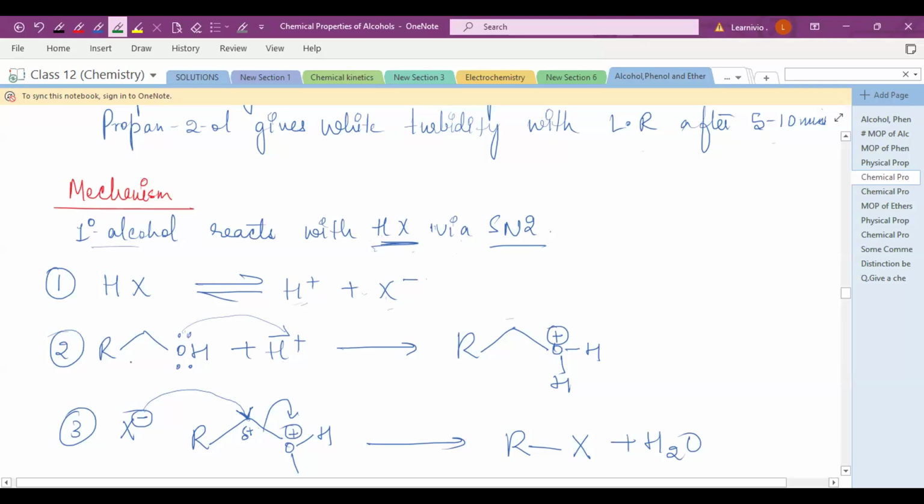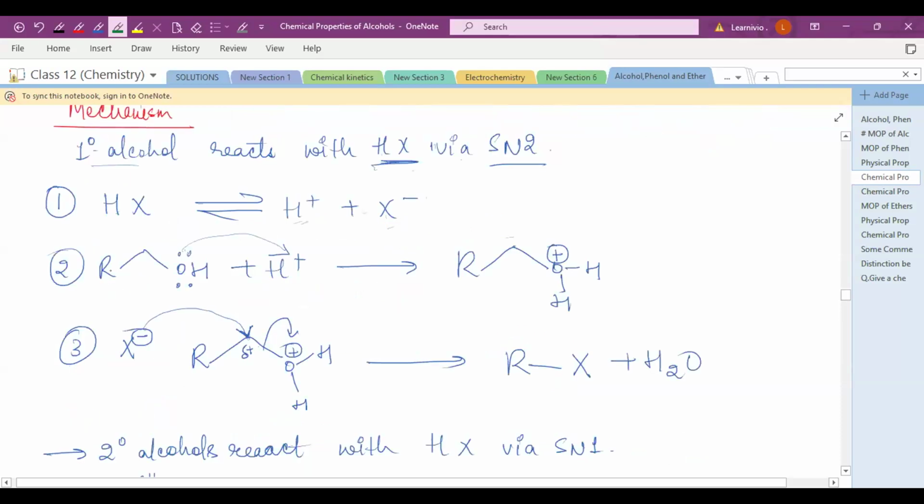Now, in the next step, the alcohol, suppose this R CH2OH, plus H plus. So what happens? This oxygen has a lone pair, so the lone pair of the oxygen will approach this H plus ion.